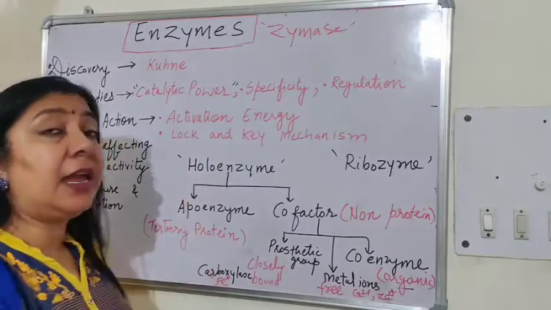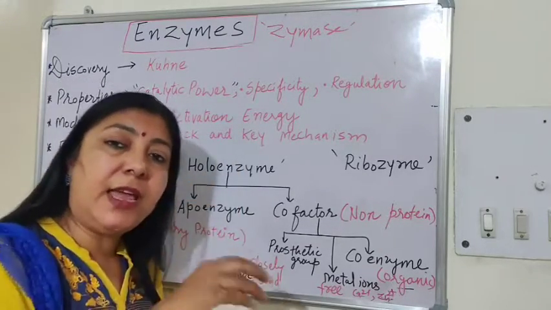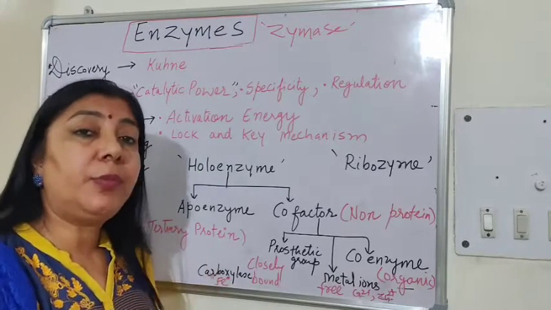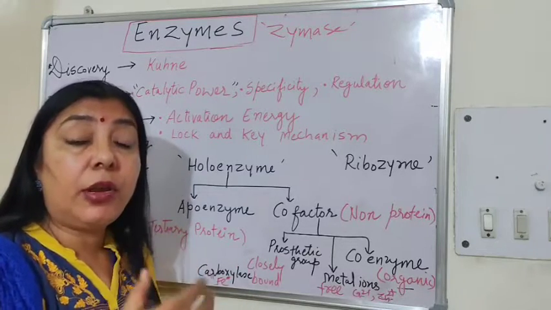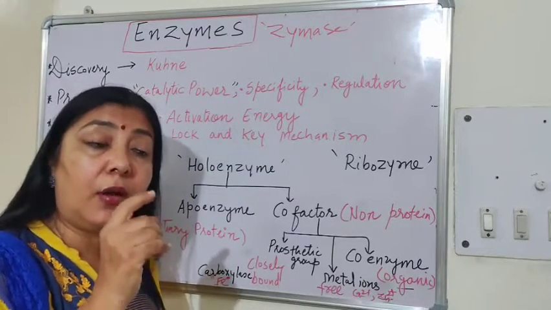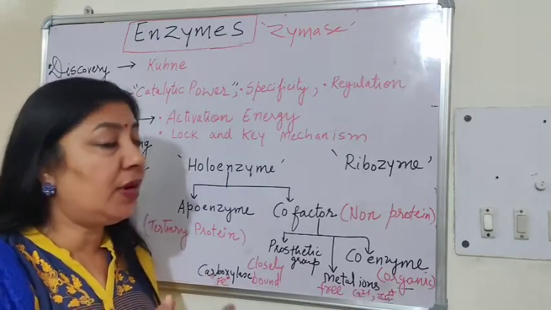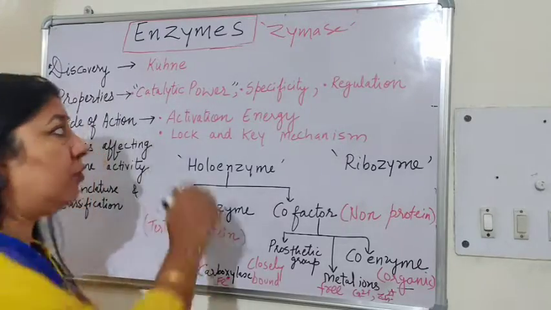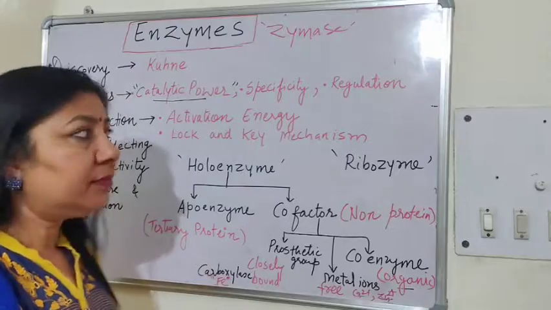But when the enzyme is there in the conversion, the speed becomes around 6 lakh molecules of carbonic acid per second. So you can see how fast they make up the reaction. So the first property is catalytic power.